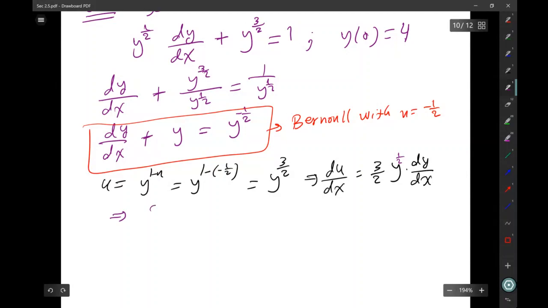That means 2 by 3 times du by dx is equal to y to the power half times dy by dx.